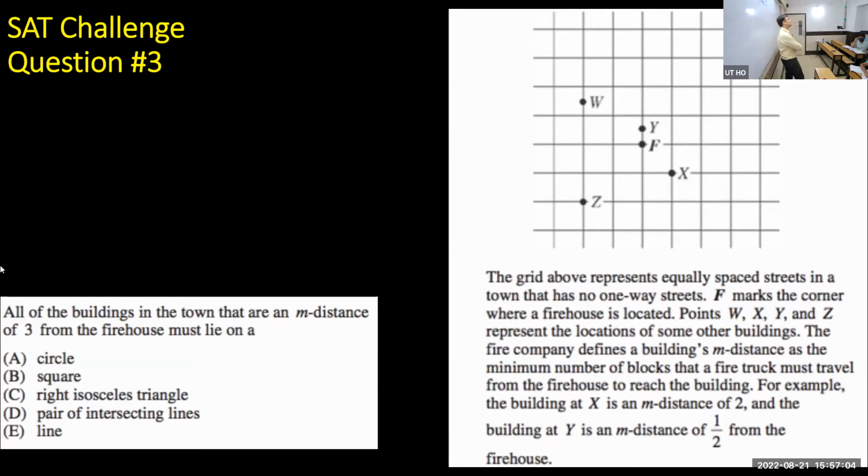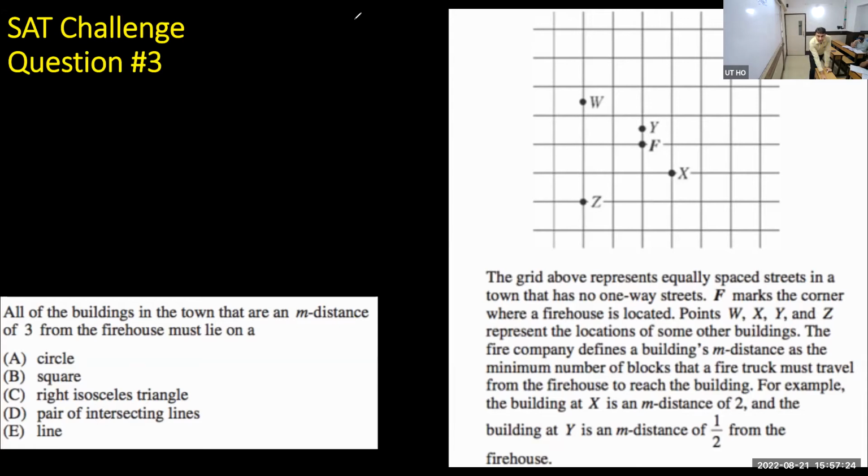So M distance is defined as distance from the firehouse, number one. The distance that a fire truck must travel. But what type of distance? Minimum distance that the fire truck must travel from that point F to any other point. उस point के लिए वो उसका m distance हो. So for example, guys, they've given you an example.